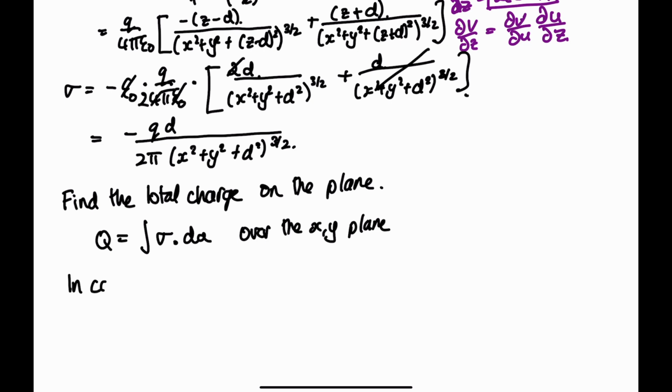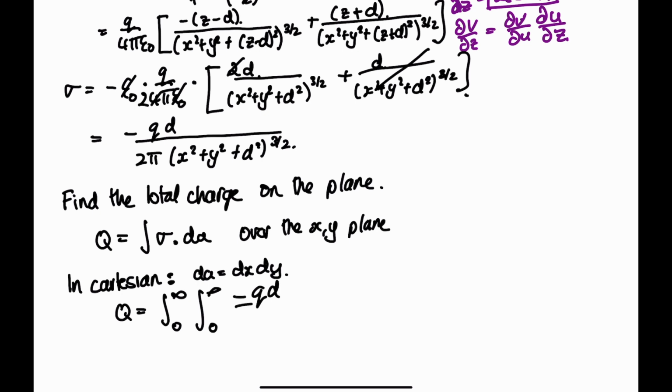So in Cartesian, we can write it out as Q is equal to the integral, and dA in this case is equal to dx dy, with y going from 0 to infinity and x going from 0 to infinity, of minus qd divided by 2 pi times (x squared plus y squared plus d squared) to the 3 on 2, dx dy.